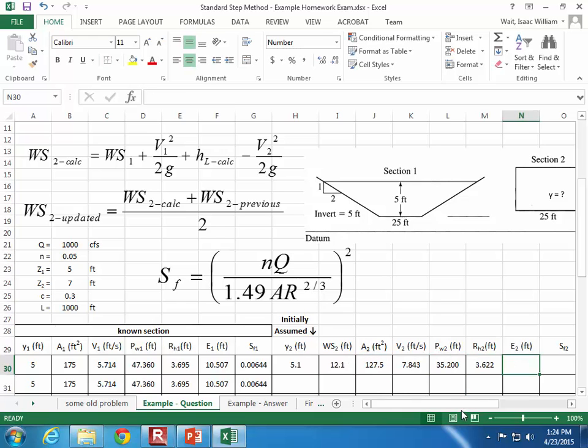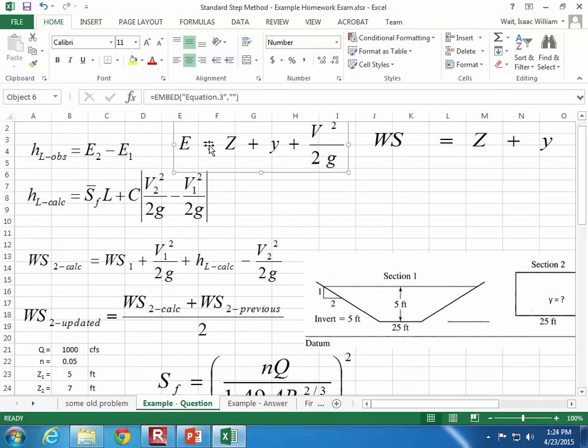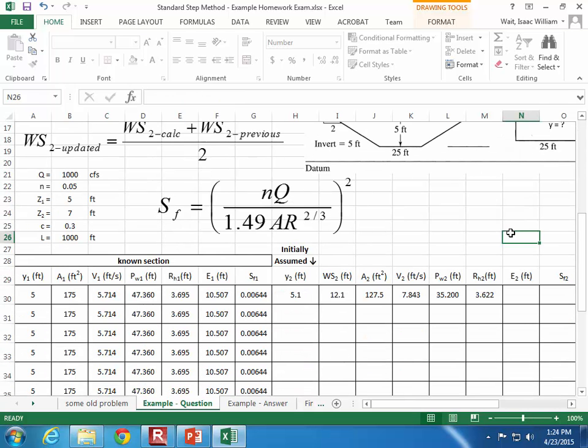Okay, E2. Remember, what we define as energy is the elevation above the datum of the invert plus the water depth plus the velocity head. So here for E2 I'm going to have 3 components. It's going to be the water depth, the Z, and the velocity head.